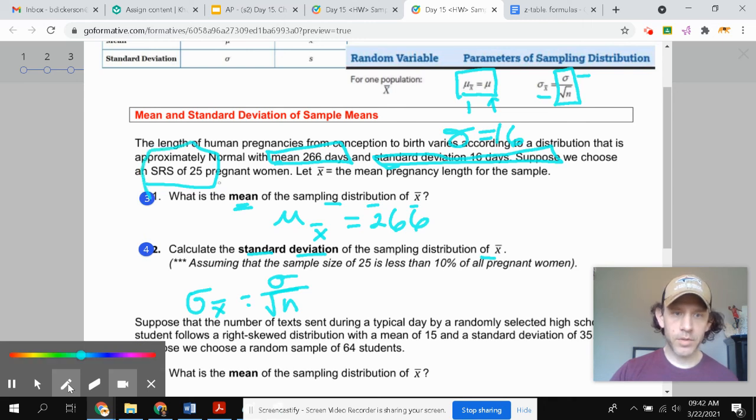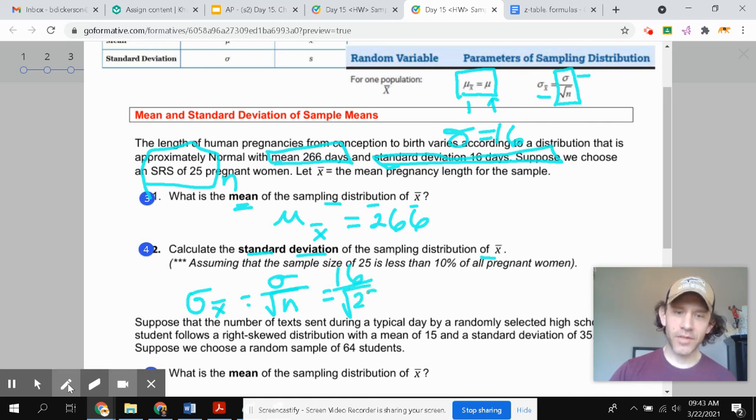SRS means simple random sample. So we say that's our n. So we plug that in. So 16 over the square root of 25. You may know what the square root of 25 is. This is 5. I calculate that, and what do we get? 3.2. Done.